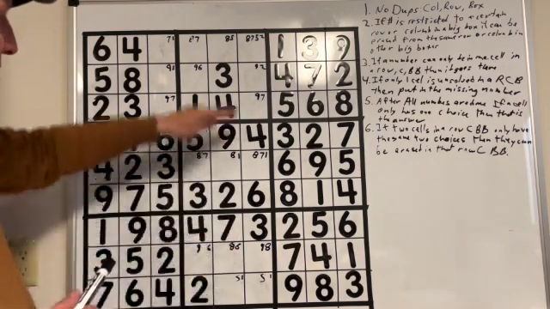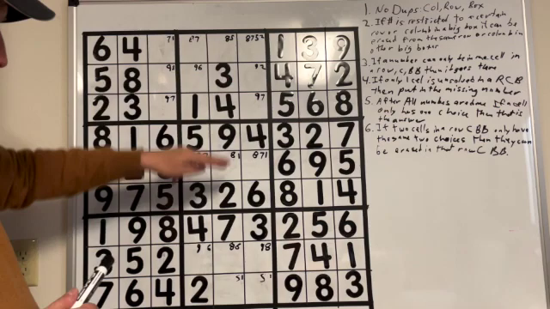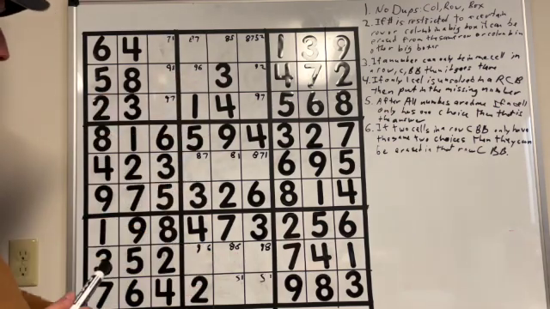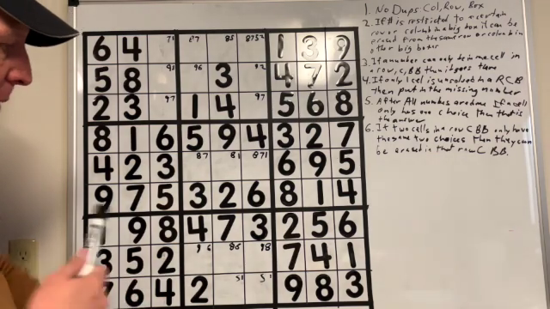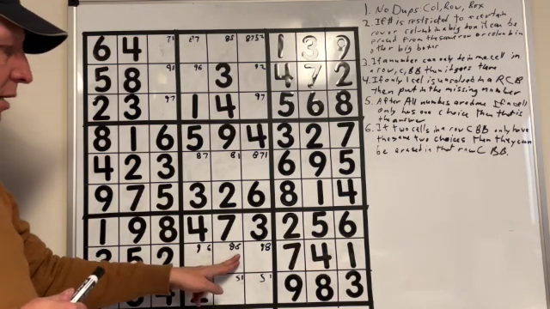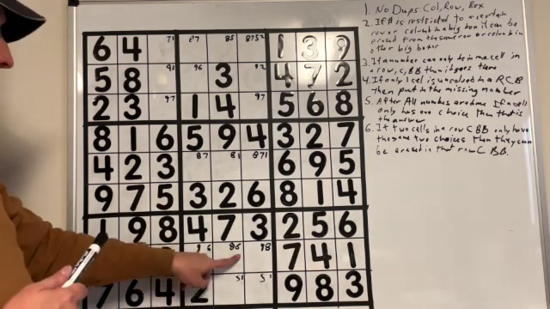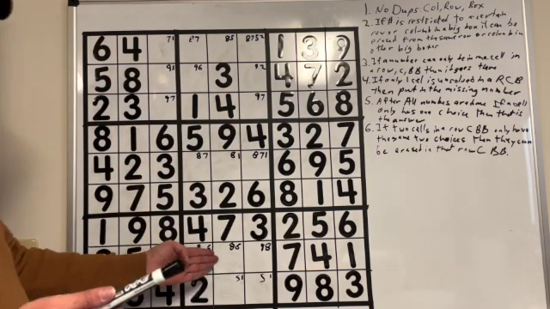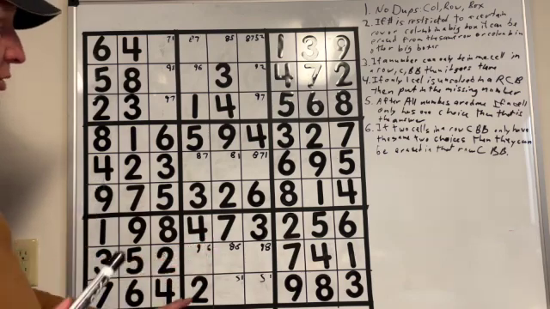We have 2 5s. We have at least 2 8s. We actually have 3 8s. But look, we only have 1 6. So I'm going to point this out the opposite way. I'm not going to use rule number 3. I'm going to use rule number 6. Rule number 3 would say this is the only place a 6 can go. Therefore, it is 6, period. But I want to show you the other way.